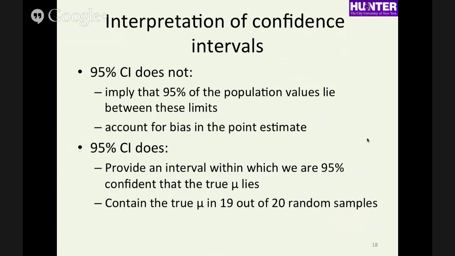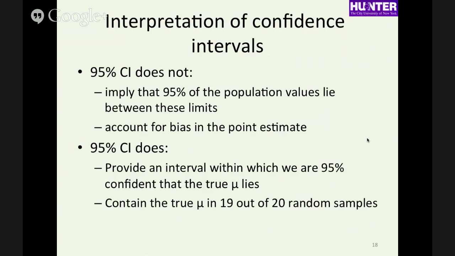Does that scream out at you as a horrible misinterpretation of the confidence interval? Because it should. It's only to do with our uncertainty in the mean, nothing to do with the individuals or the proportion of individuals, right?